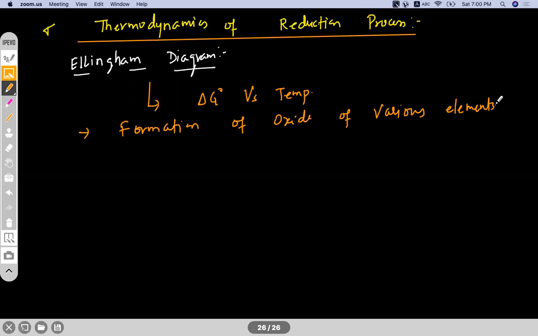These diagrams can be used to predict the feasibility of the thermal reduction of an ore.